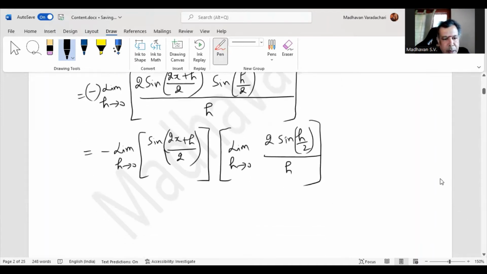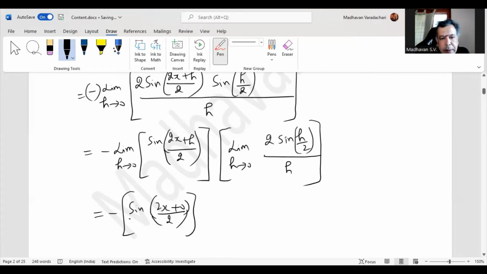In the first limit we will be applying the limits. By applying limits, this h will become 0, meaning sine of (2x plus 0) divided by 2.